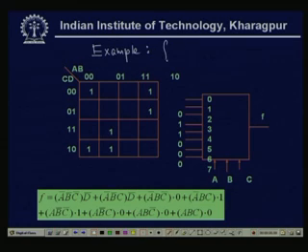This is a 4 variable function A, B, C, D, and the minterms that exist are: this is 0 0 0 0, that means 0 is there. This is 1 0 0 0, which is 8.